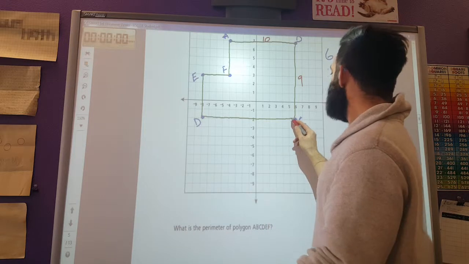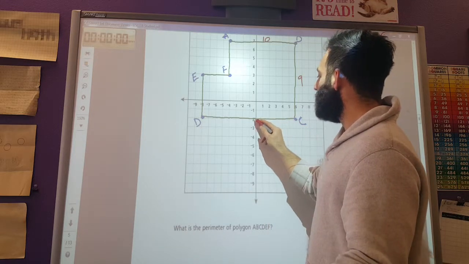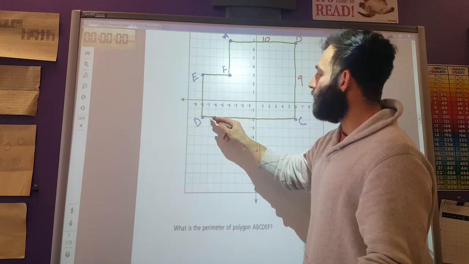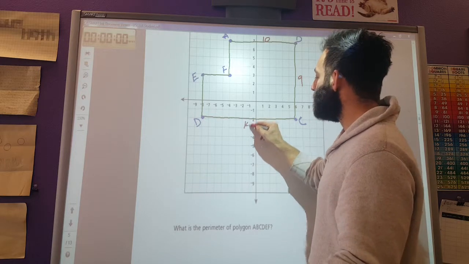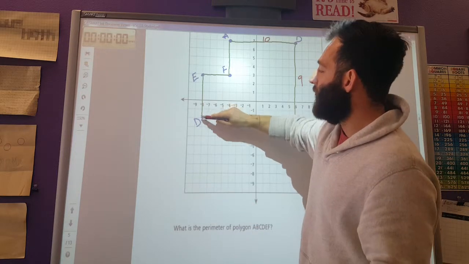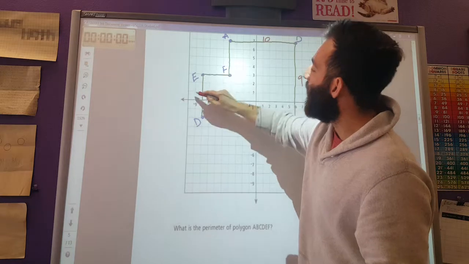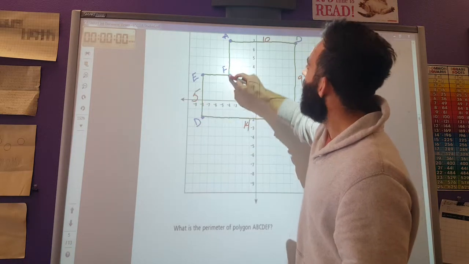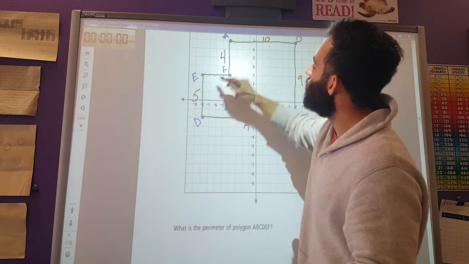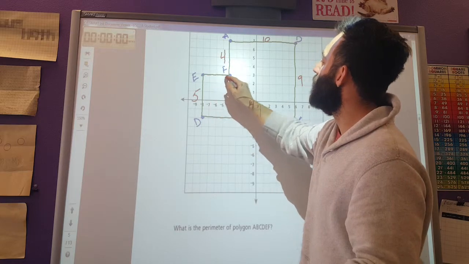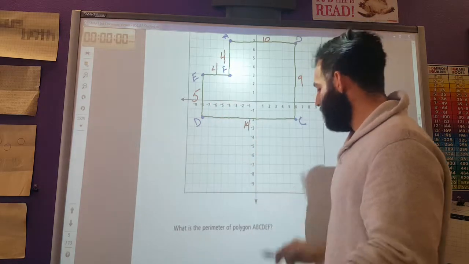C to D, 14. D to E, 5. F to A is 4, and E to F is 4.